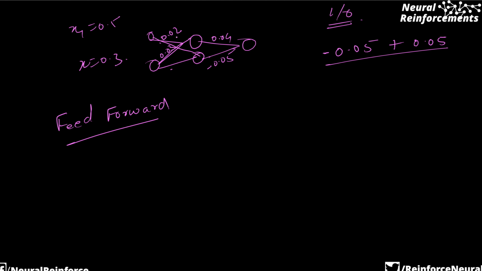So in the feed forward, we'll compute the values of the output for this. Suppose we are computing for the first hidden layer. In this particular case, input is 0.02, weights is, and we'll assume a bias also.